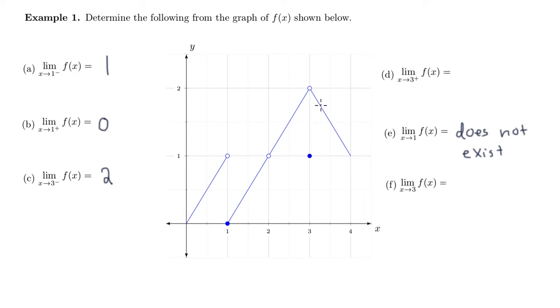I just trace, and I get closer and closer to 3 from the right, and I'm approaching 2. Now, because the limit as x approaches 3 from the left of f of x is 2, and the limit as x approaches 3 from the right of f of x is 2, the left-hand limit equals the right-hand limit, so the limit as x approaches 3 exists and is equal to 2.